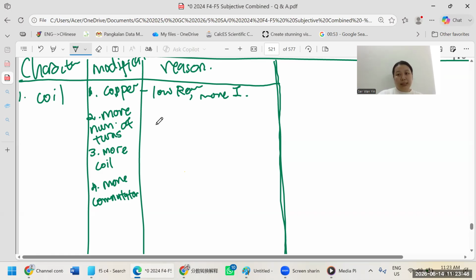AC, DC, SI unit, international use. This one you must write the full name. More number of turns of coil, more current flow, more magnetic flux, magnetic field line. More coil, same thing. More commutator, also the same thing. See, coil already we got four.